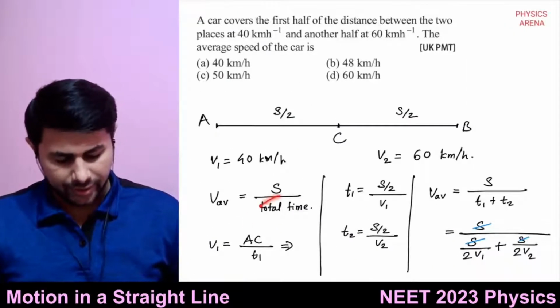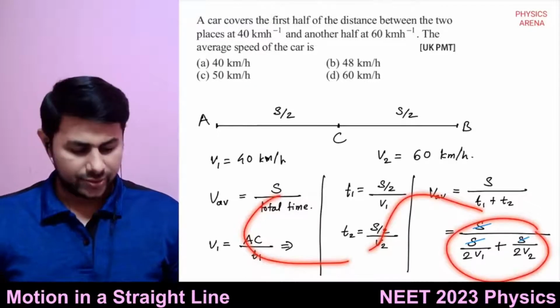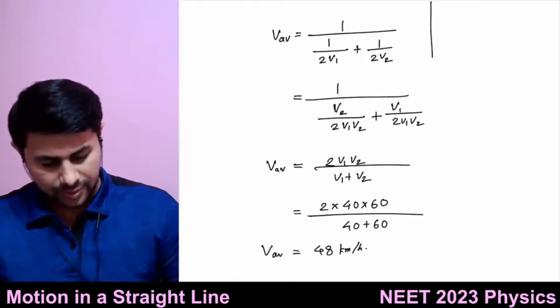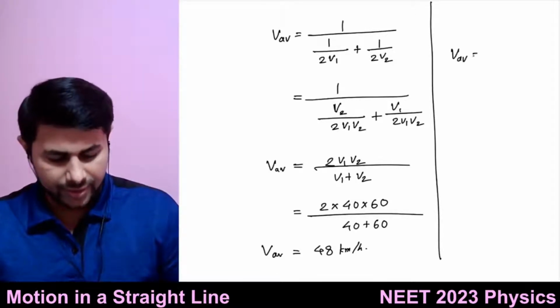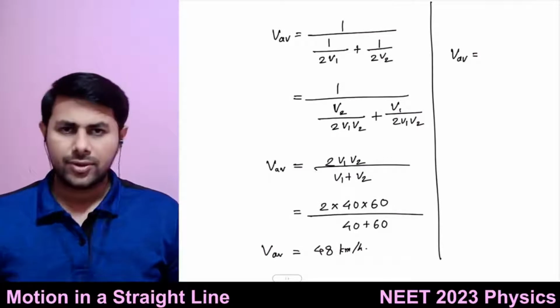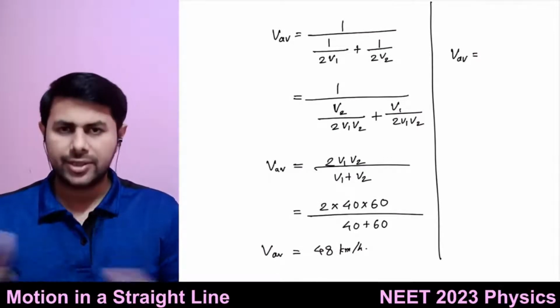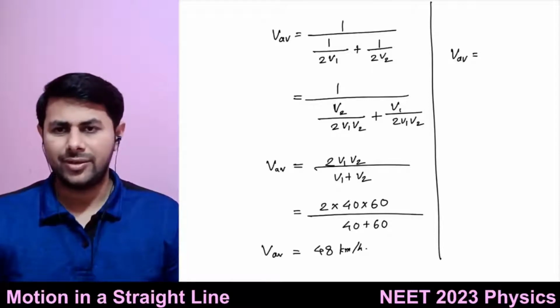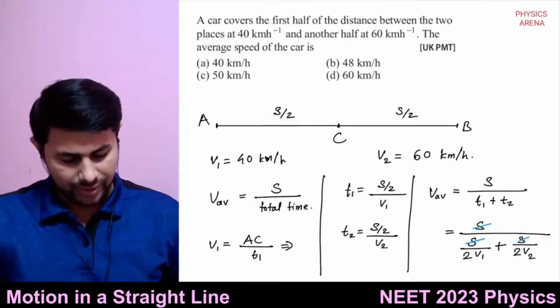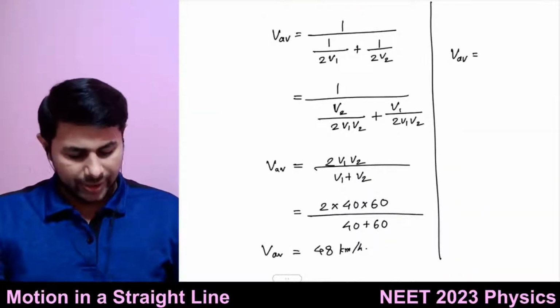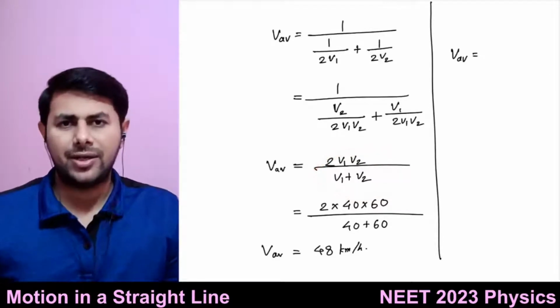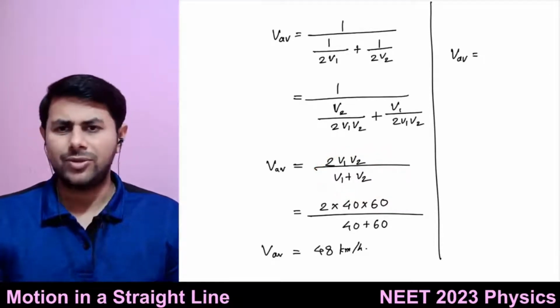Instead of doing all this and substituting, you can directly write that V average is equal to, if the total displacement is divided into 2 parts, 2V1V2 divided by V1 plus V2. But if it is divided into 3 equal parts, then what will you do?